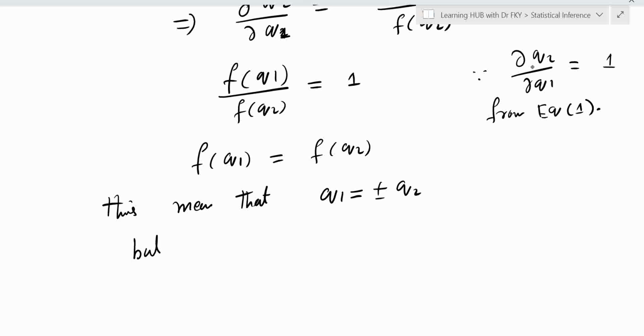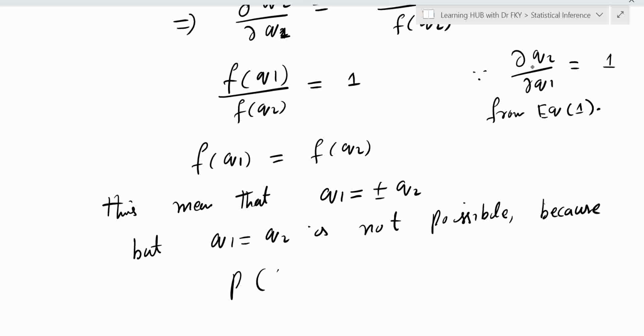But Q1 equal to Q2 is not possible, because the probability of Q1 less than X less than Q2 is equal to 1 minus alpha.